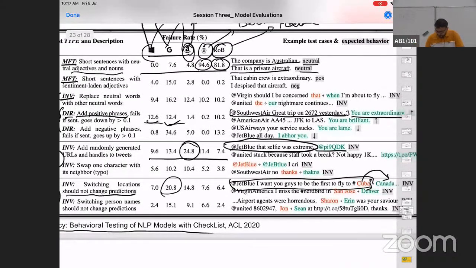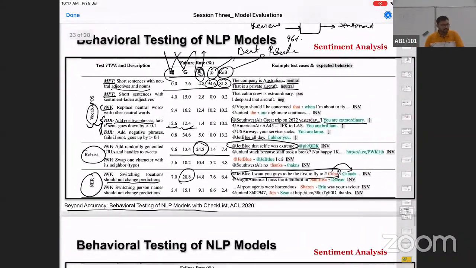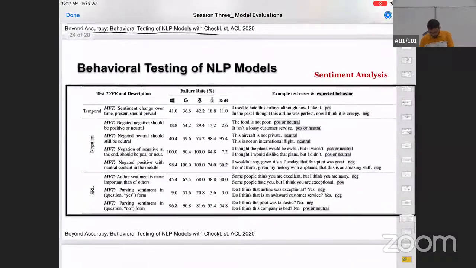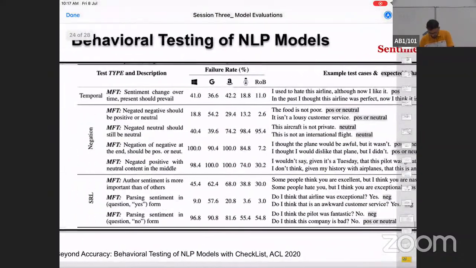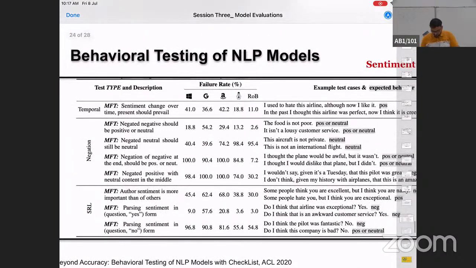Okay, so this is how you can define a set of capabilities. For each capability, you can define a set of instances, a set of sentences. You pass those sentences to the model and see how the model is performing. Okay, let us see some more. There is another very interesting one, the negation capability.